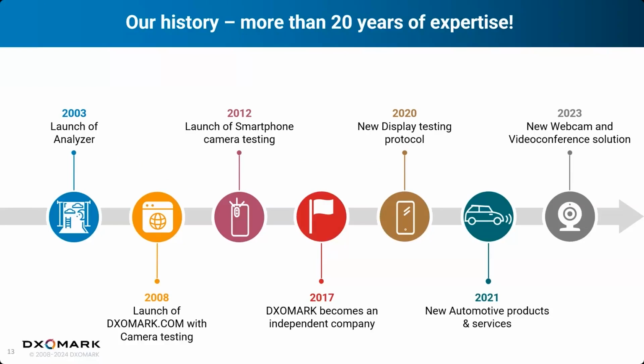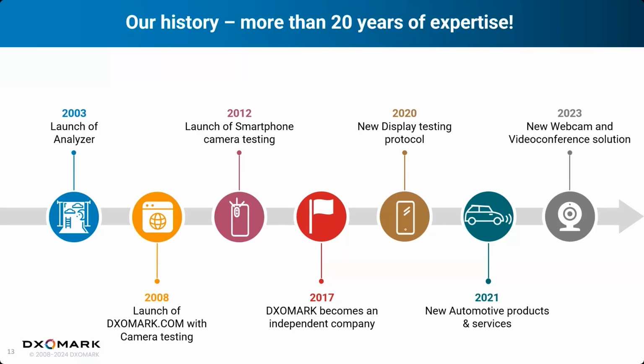Then in 2008, we launched the DXOMARK.com website, on which we published all the results of our DSLR and lens testing. In 2012, with the advent of quality on the smartphones, we launched the smartphone camera testing benchmarking on our website with all the results that were available at the time.